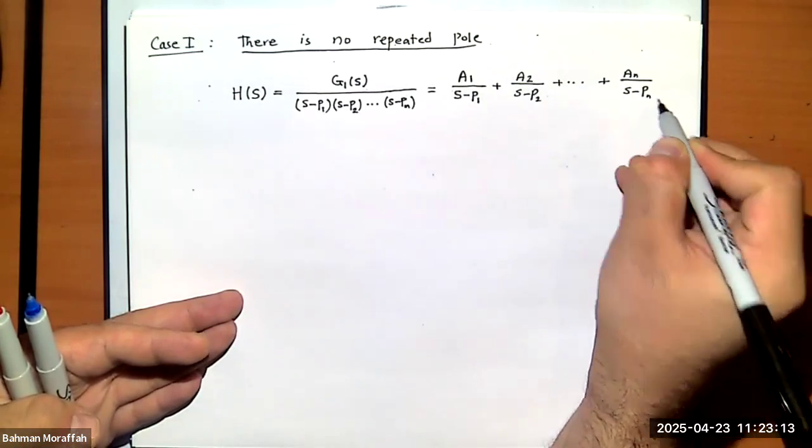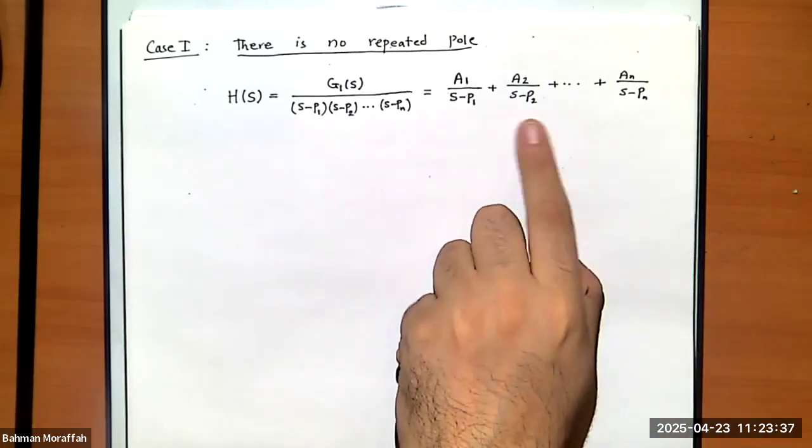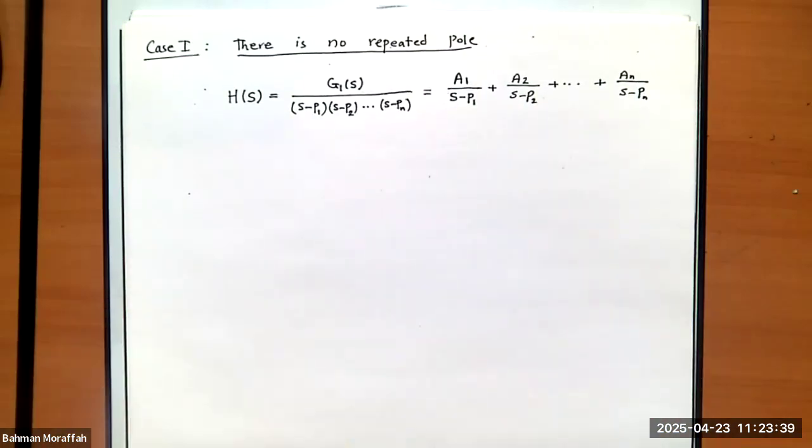S minus pn, where ai is the coefficient corresponding to the pole pi. If I know what the ai's are, then I know exactly what my decomposition is. One simple way is to take the common denominator here and simplify it.